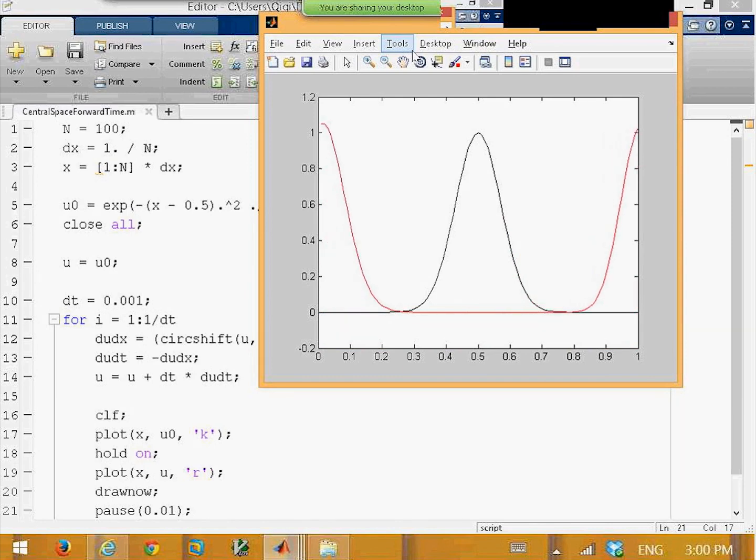So does it look like we are capturing at least the qualitative behavior of the analytical solution? Yes, right. Although it is not completely satisfactory because the magnitude of my analytical solution seems to be growing a little bit. All right.